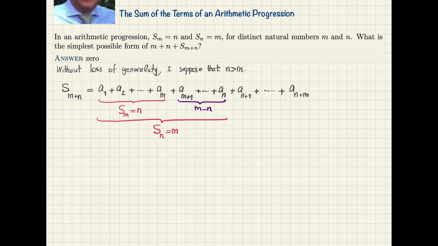But what I want to make sure that you know is what is the relation between this bit and this last bit. Okay? First of all, how many terms are involved here? There are m terms. And how many terms are involved here? There are exactly m terms, from the n plus first term to the n plus mth term. Yes? So the number of terms are the same.